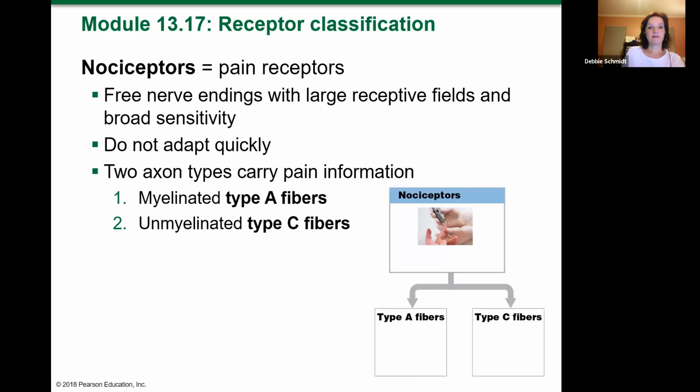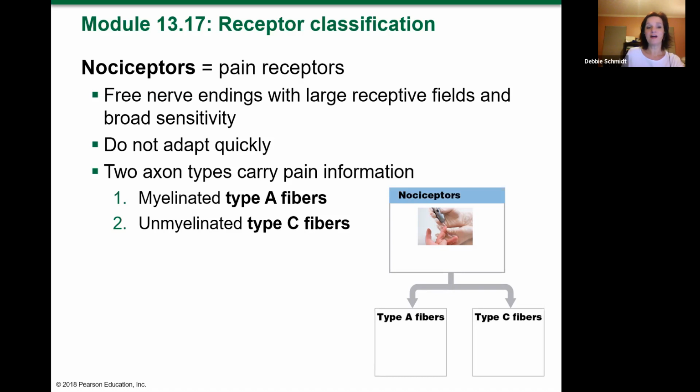Another kind of receptor we have is a nociceptor, and these are specifically for pain. Now, they are free nerve endings, but they have large receptive fields and broad sensitivity, and they don't adapt quickly. The axons for nociceptors are of two types. They're either type A fibers or type C fibers.